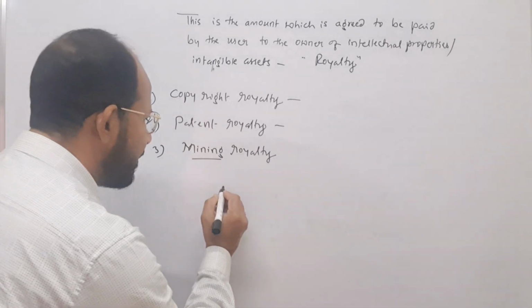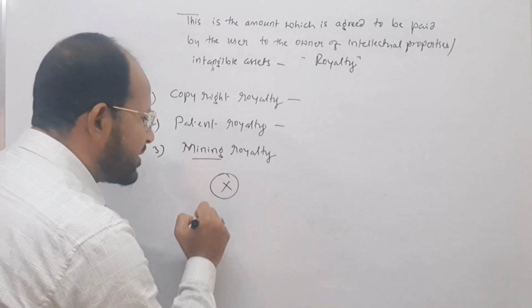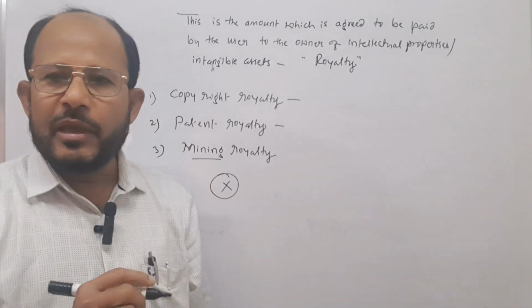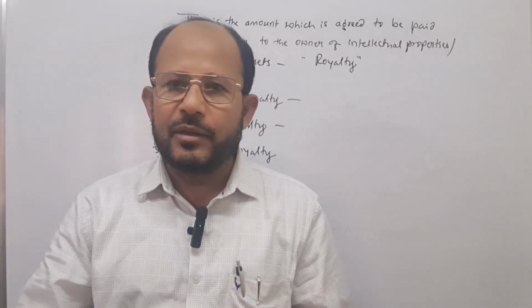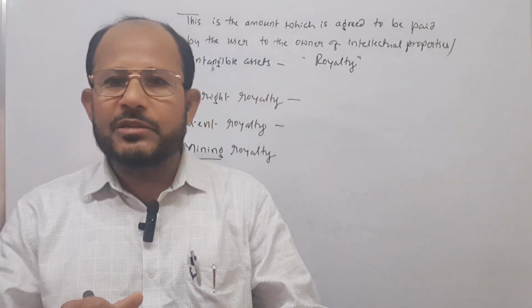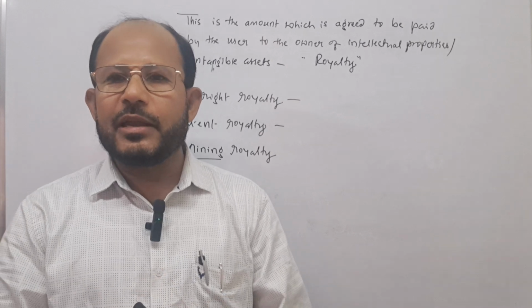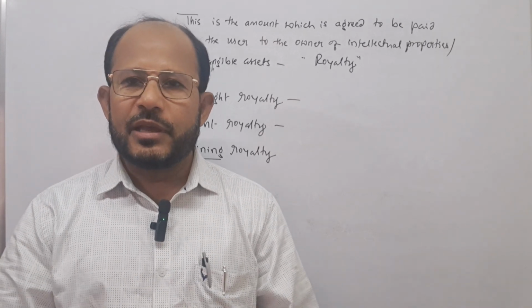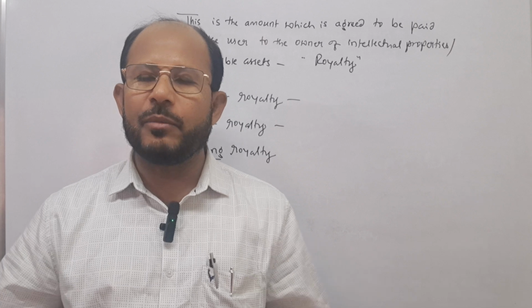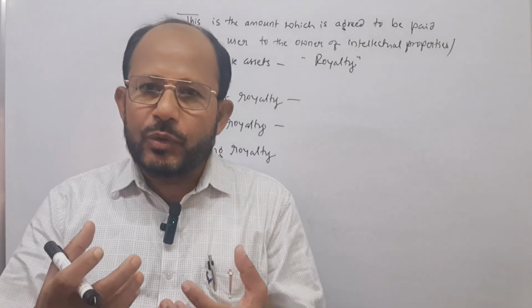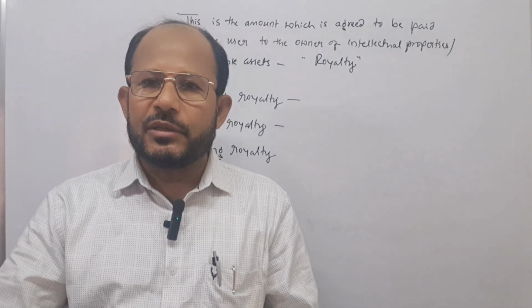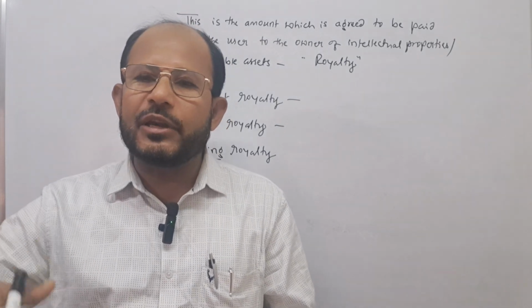I take one simple example. Assume that Mr. X is the landlord. He has got the land, but he comes to know that in his land minerals are there, coal is there, iron ore is there. In that case, what he does, see, he can't extract the material, he may not be having such type of technology. What he will do, he will enter into contract with the companies which can extract the materials.